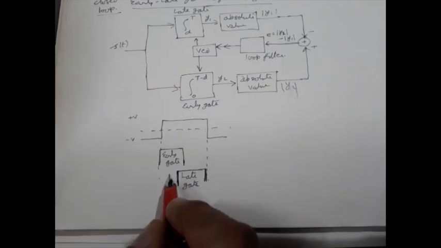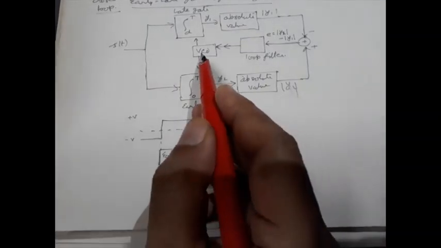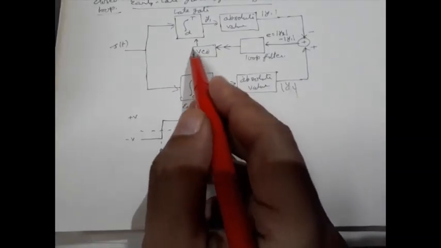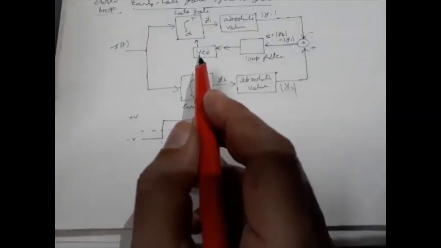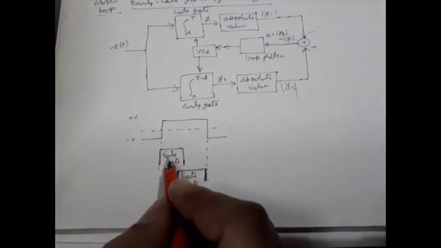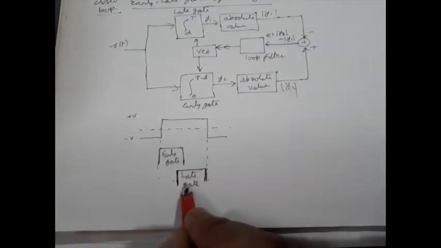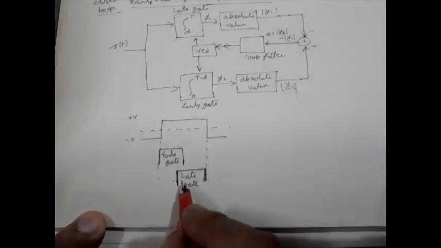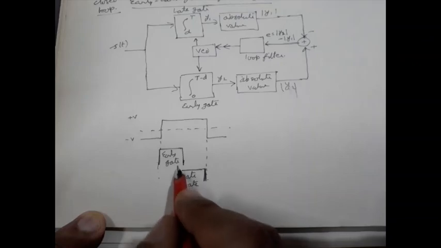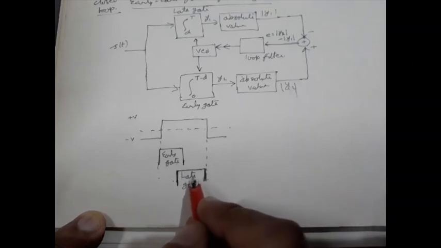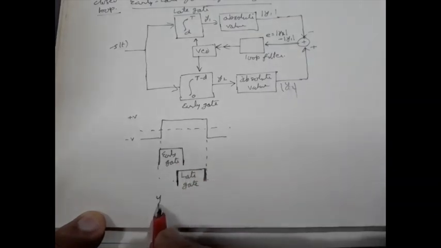And since first we are considering that this VCO is under locked condition, it is obvious that this early gate and late gate will accumulate the same amount of signal, equal amount of signal. Since these two gates will accumulate equal amount of signals, means y1 equal to y2.